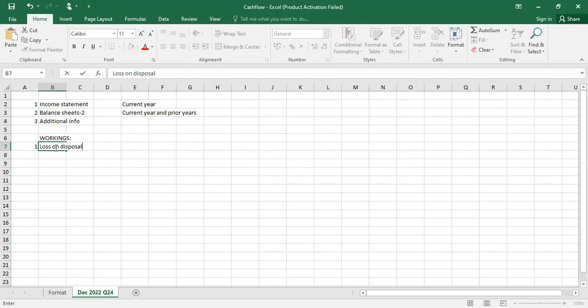We are fortunate in this question that we have been given this, but if it is not provided directly, then you have to compute it. And so the question is clear that in this respect, we have 6 million.